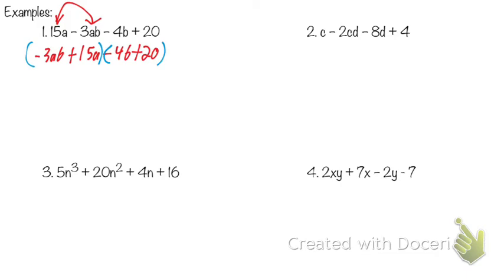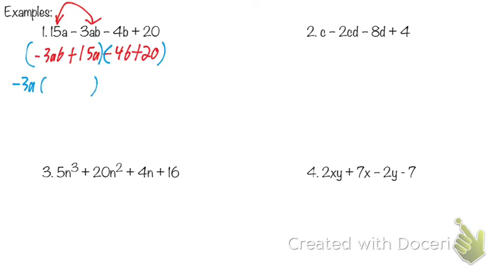Now, in our head, we still need to remember these parentheses aren't multiplying yet. We're trying to create multiplication. We're not there yet. Now, inside each parenthesis, we want to look for a GCF. Negative 3ab plus 15a. Negative 3a. We don't want the first term to be negative. So it's going to be a negative 3a.